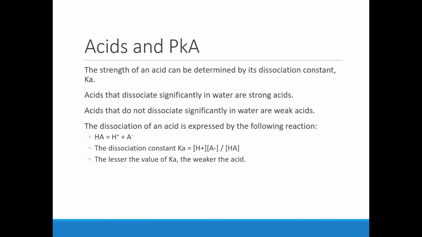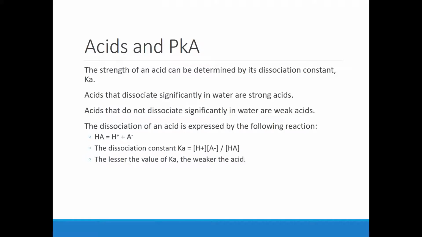Another constant we'll be talking about is Ka and also pKa. We've talked about how pH is a measure of the environment of an aqueous solution, the amount of protons, the amount of H plus in a solution. We can also talk about the equilibrium constant of acids themselves.